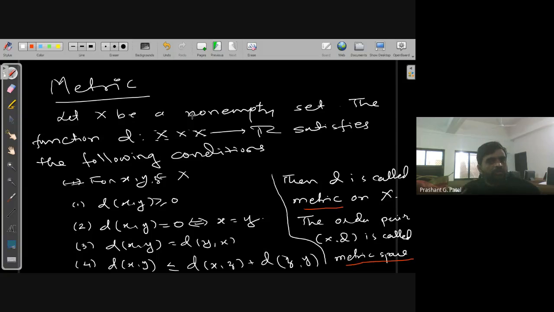So that's why these concepts are very important. Distance structure is important on any arbitrary space, and you will learn more about this in your further studies. Okay, so what are the examples of a metric? Let us talk about the first example, which we already discussed.